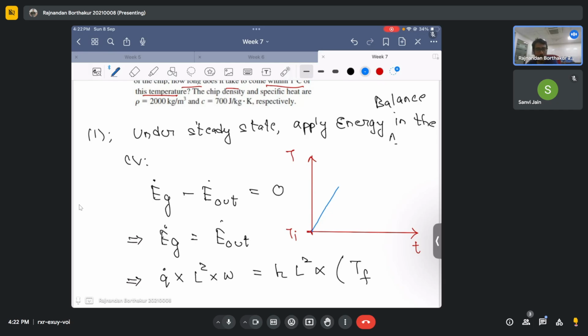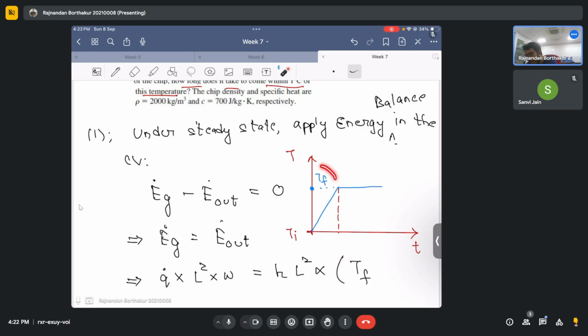I am not saying it will linearly rise. I don't know what it will be, but I am saying that it will rise. After a certain time, it will eventually reach steady state, as the problem has stated, and then this temperature would be constant. It is that TF that we are finding here.